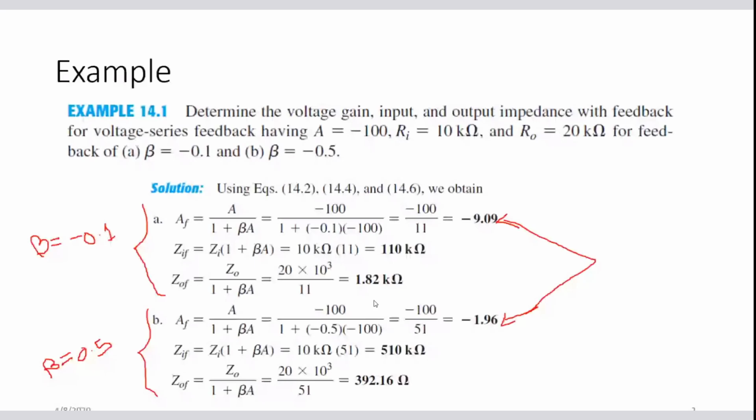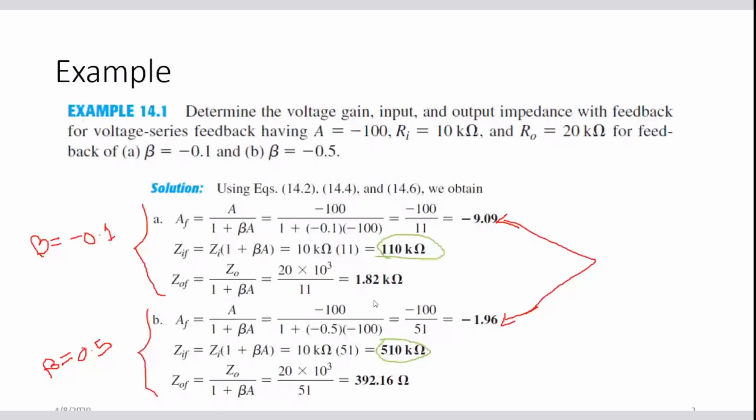And you really can check the other two things. This is for 10% and this is for 50%. The input impedance is higher when the feedback ratio is beta is equal to minus 0.5, that is 50%.